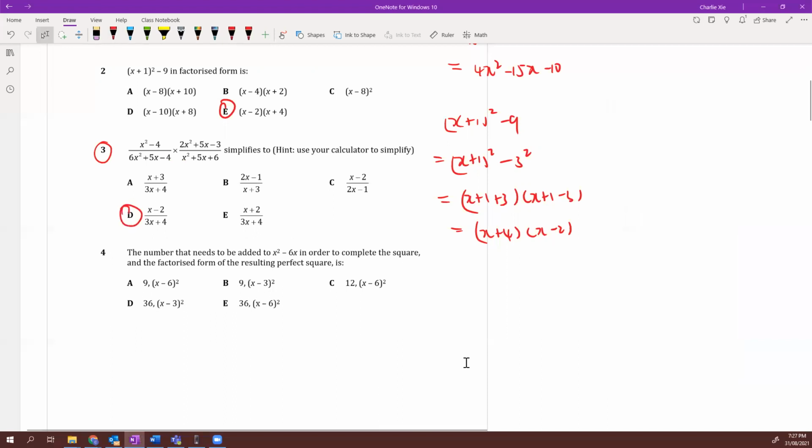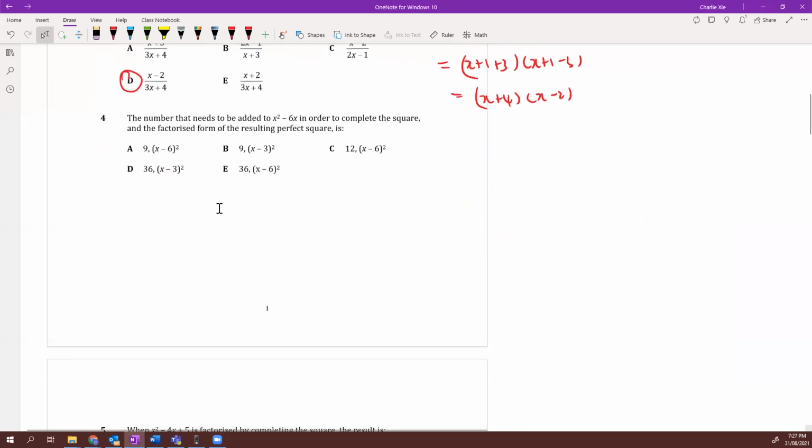That's D. Question 4: the number that needs to be added to x squared minus 6x in order to complete the square, and the factorized form of the resulting perfect square, is. Okay, so we've got two things to do. The first thing is to determine the number that needs to be added. When you determine the number, you look at your b. Your b is negative 6.